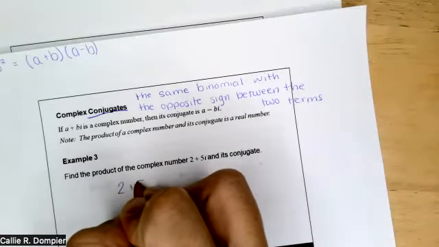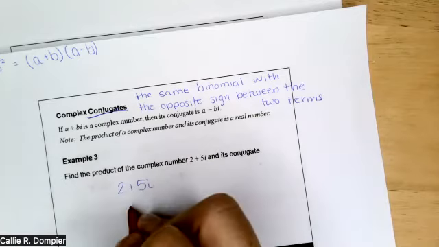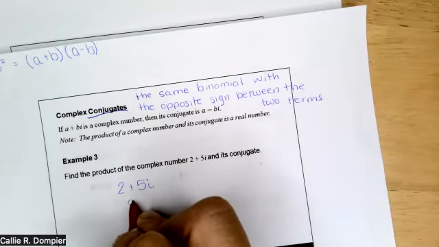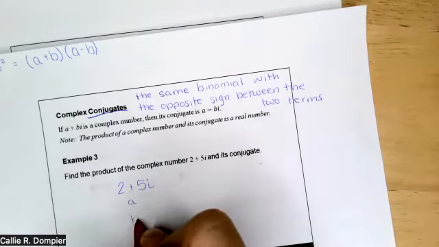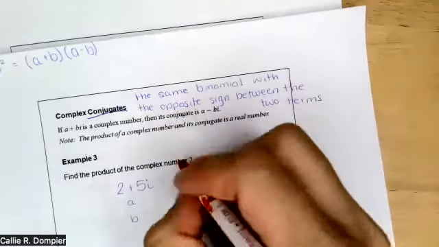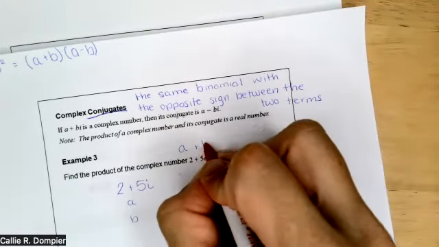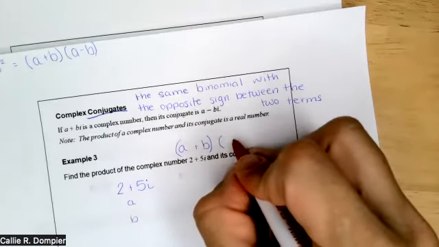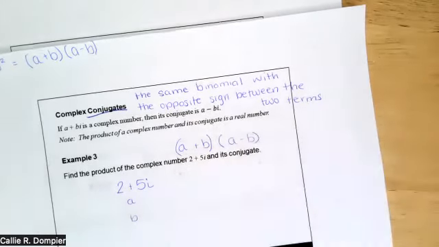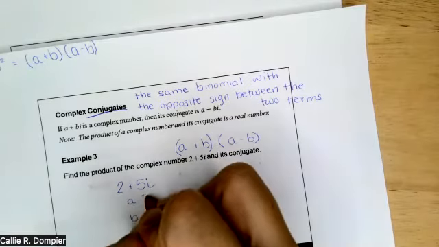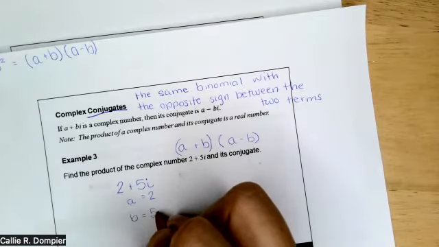2 plus 5i, my terms are, like if I was going to say a and b. It's essentially what we're doing. We're changing the sign in between the two terms. So here a is 2, b is 5i.